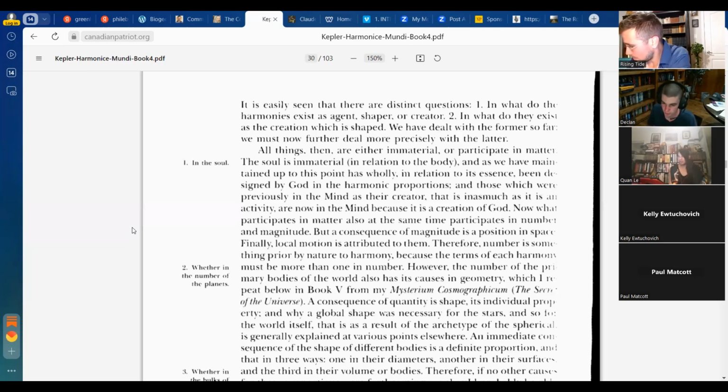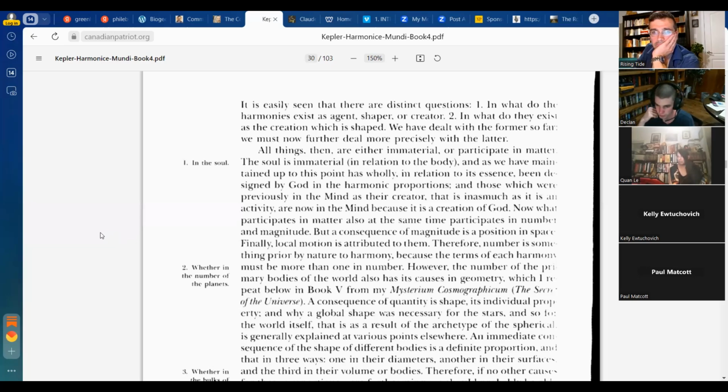Now, what participates in matter also at the same time participates in number and magnitude. But a consequence of magnitude is a position in space. Finally, local motion is attributed to them.